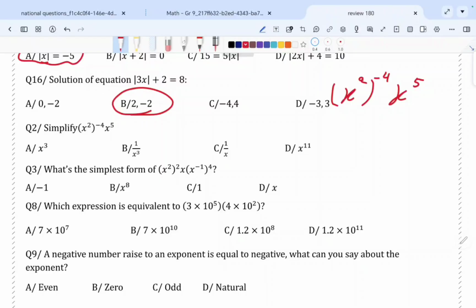We will say x, 2 times negative 4, it's negative 8, times x power 5. We have the same base, so add the powers, okay? Negative 8 plus 5 equals x power negative 3. When we have a negative power, you have to change it to a fraction. It will be 1 over x power 3. So B is the correct answer.